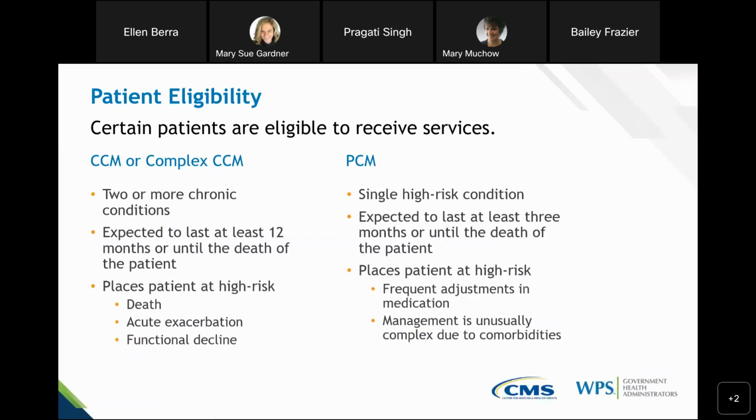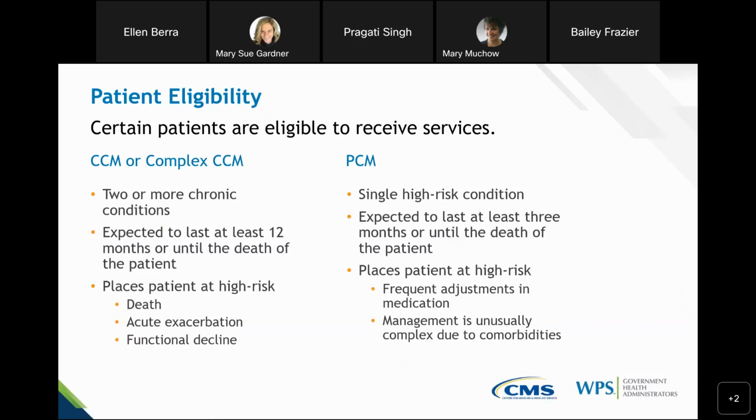So this is just some general information on chronic care management. On the left-hand side of your screen is chronic care management or complex chronic care management. On the right-hand side of your screen is principal care management, and that's really what we're going to concentrate on today.